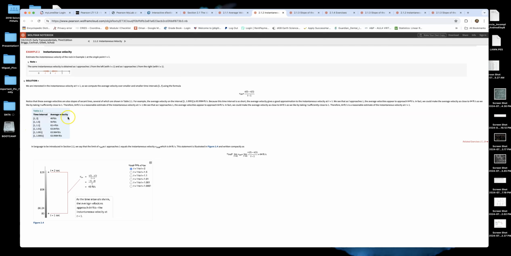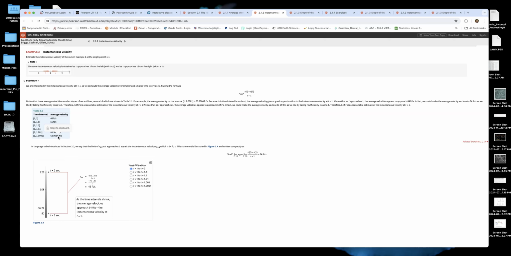Now, they made the calculation for us already, and you can see that this is 48, 56, 64, 63.98, 63.9984. So in the limit it seems to be around 64 feet per second. Per second? Yes, per second. Okay, that is the limit.